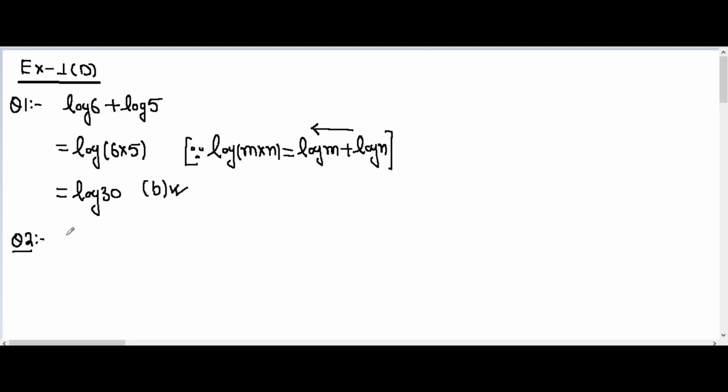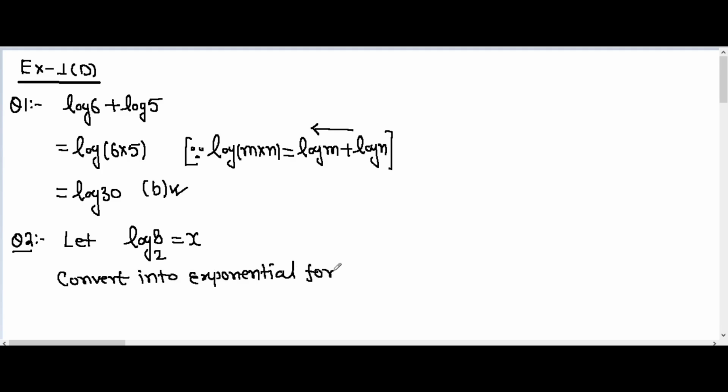Question number 2. The second problem: log 8 at the base of 2 is equal to... we start from the left: log of 8 at the base of 2 is equal to x. Convert it into exponential form.